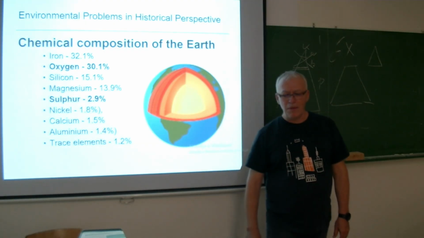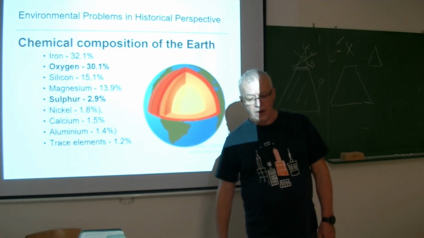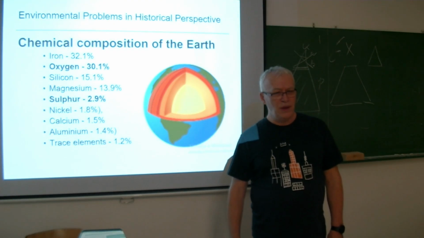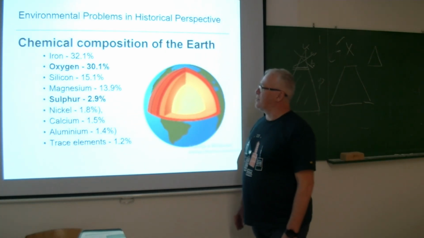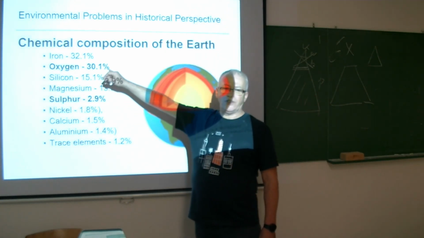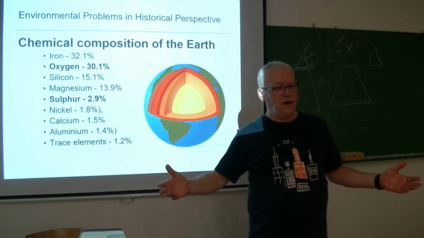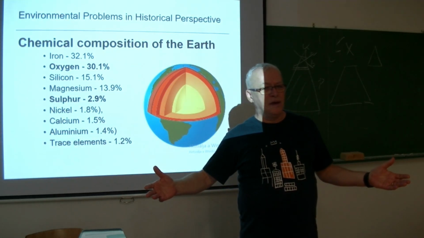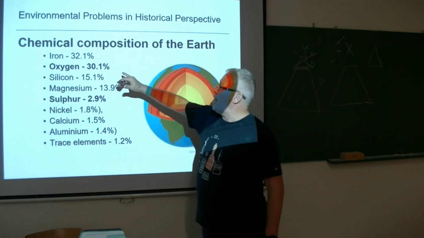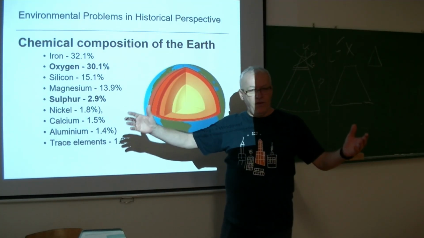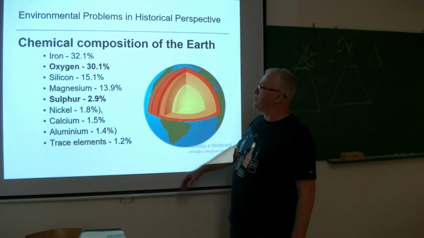If we look at the chemical composition of the Earth, the highest one is iron. But I ask for your attention to the second one, oxygen. Not by chance, we are living in an oxygen-based environment. Not by chance, the second highest probability of appearance on Earth is oxygen.